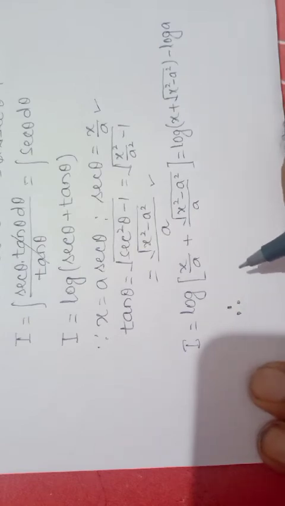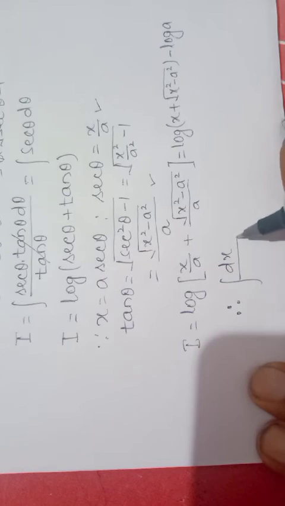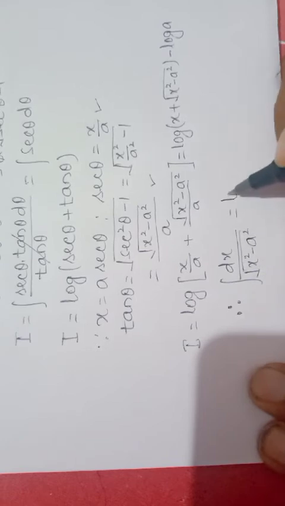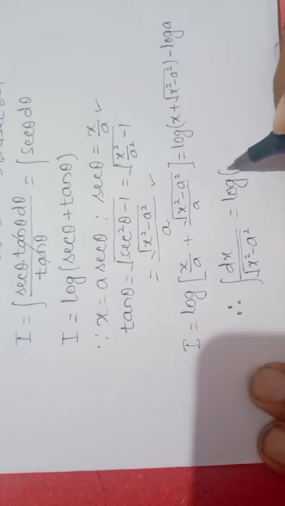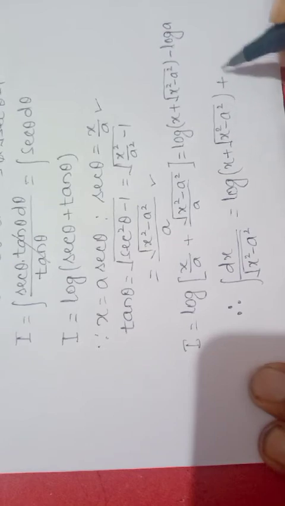So finally we write integral of dx by under root x square minus a square equals log x plus under root x square minus a square plus c.